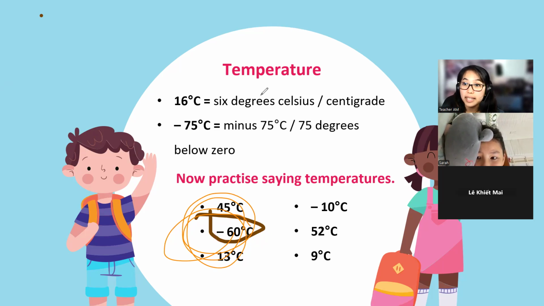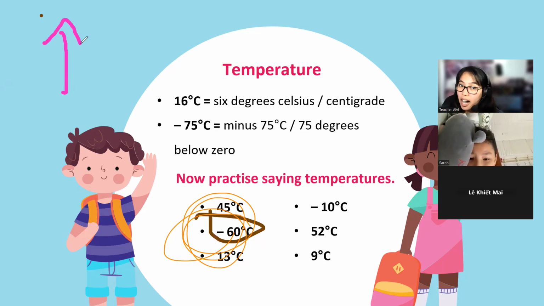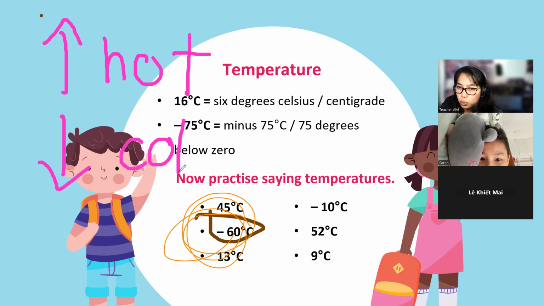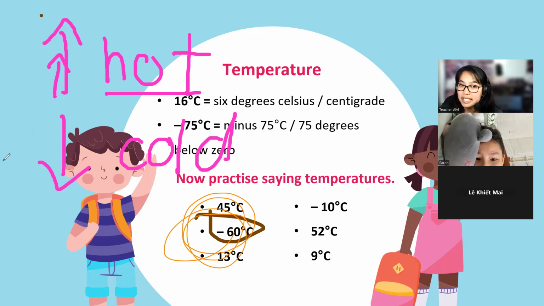All right. If you remember last week, I told you that if the number is high, that means hot. If the number is going down, that means cold. So the higher the number, the hotter it is.